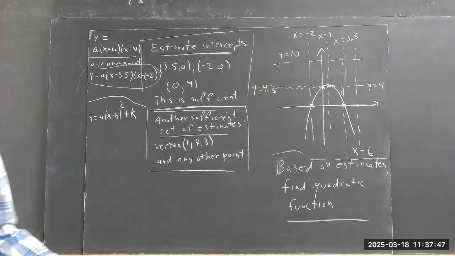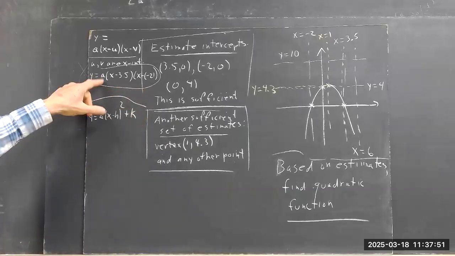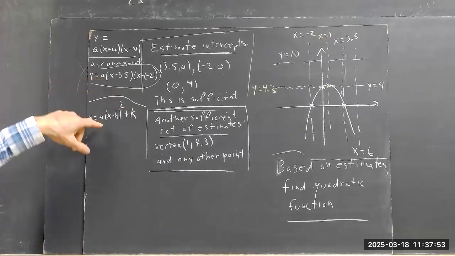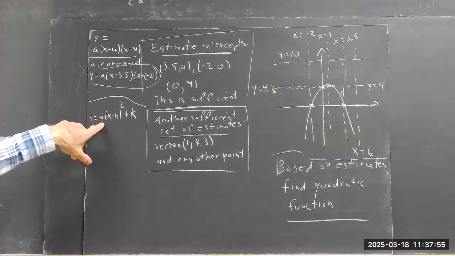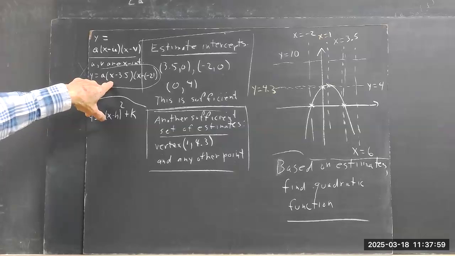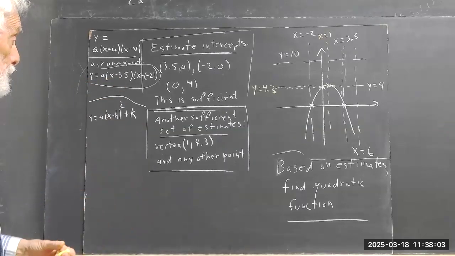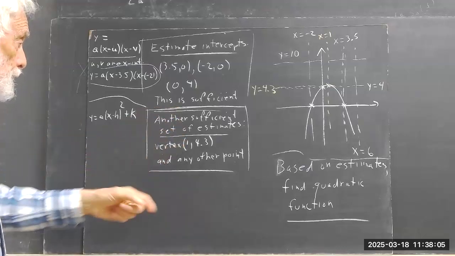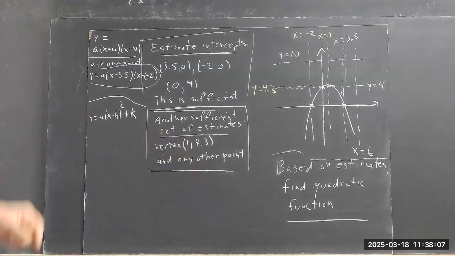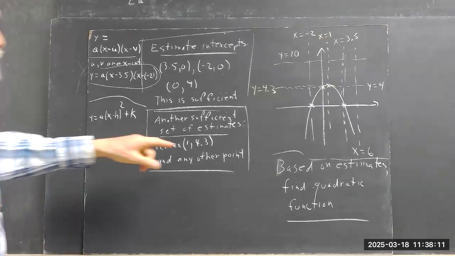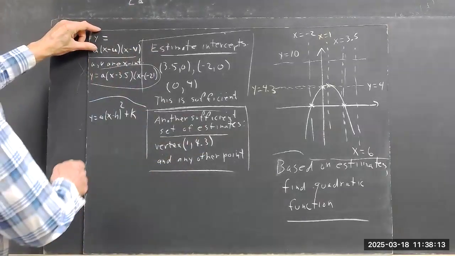Now you know that because you've used that, and about half of you used this formula in one way or another, put an A out there, or here. Okay? So this is one way you can do it. Now I'll complete it when I have a little more room. Another sufficient set of estimates is the vertex, 1, 4.3, and any other point.